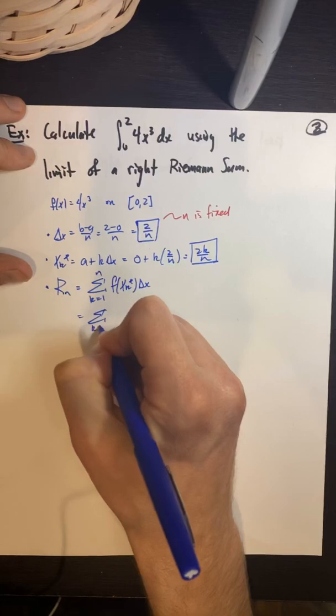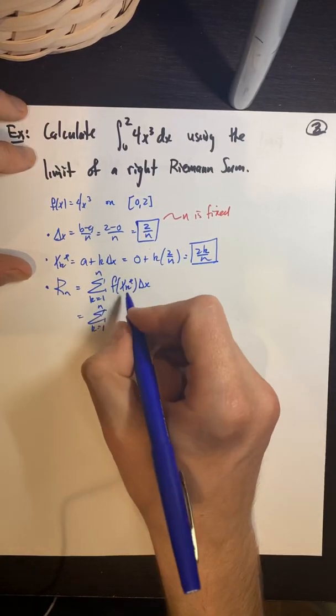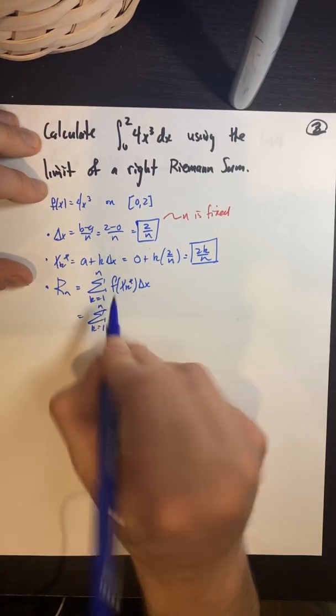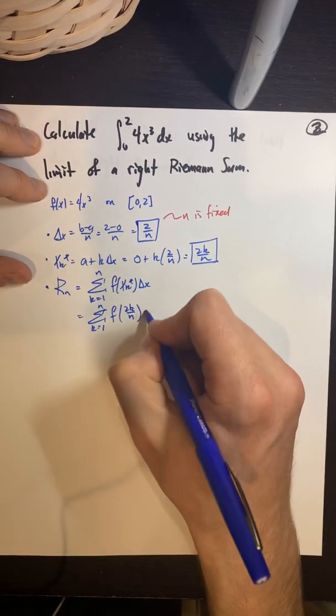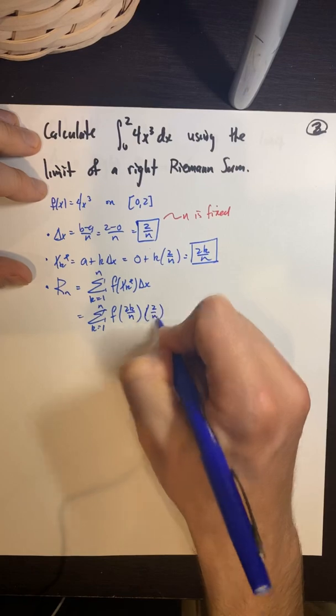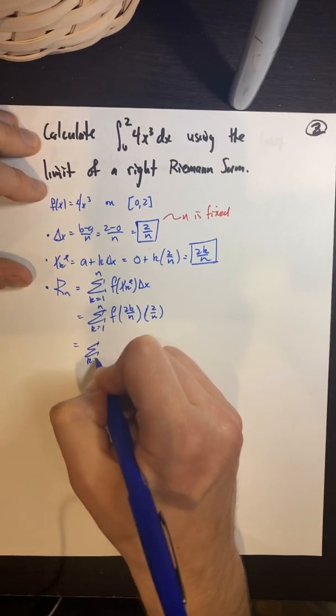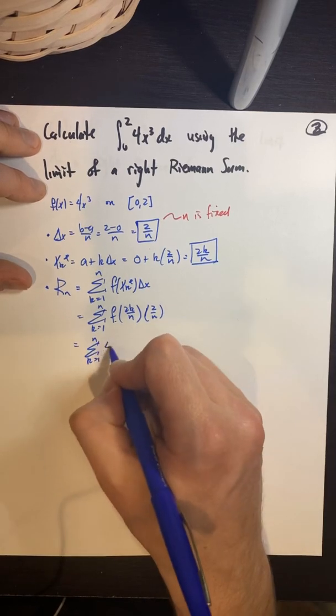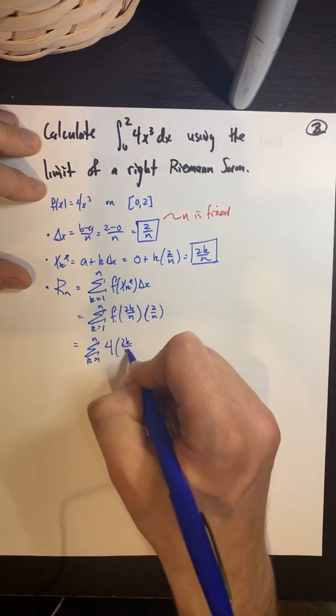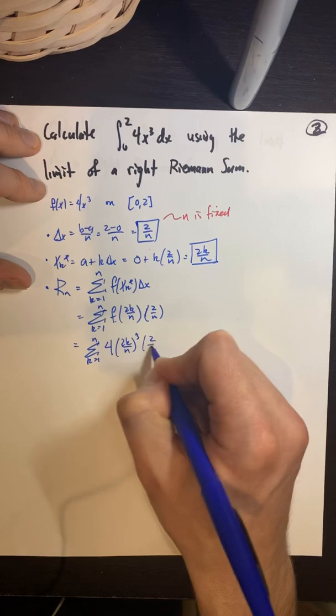So we have to go through now and essentially simplify this. f of xk star would be f of 2k over n, times delta x, which is 2 over n. So we get the sum from k equals 1 to n. Now apply f to the term 2k over n. That gives me 4 times (2k over n) cubed times 2 over n.